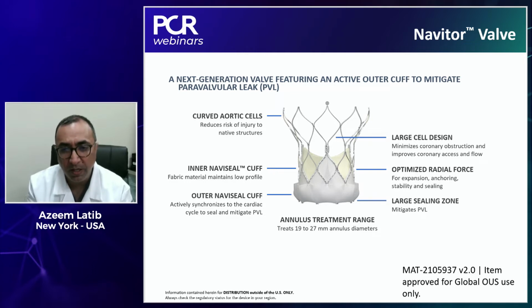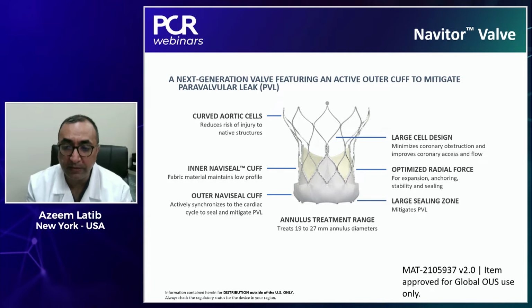If you look at the Navitar valve, it has this large cell design to minimize coronary obstruction. The upper outflow cells are curved to reduce the risk of injury to the aortic wall. It has an inner Naviseal cuff made out of fabric material to maintain a low profile.